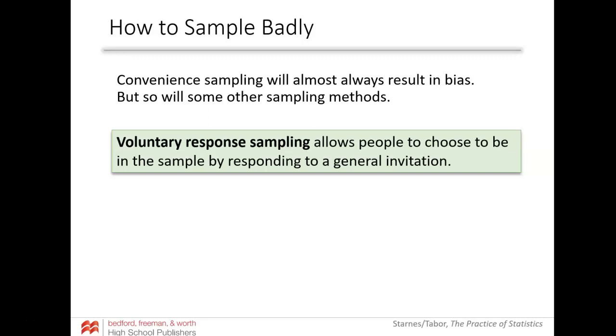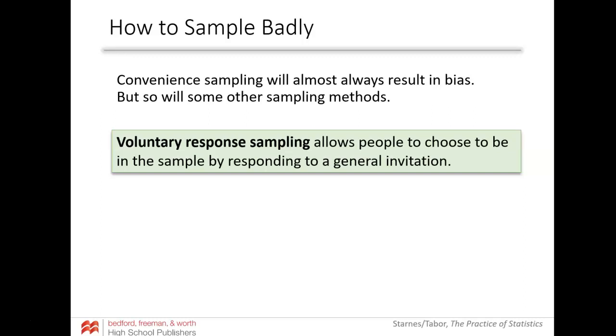I just did a refi on my mortgage, and they sent an email with a "tell us how we did" kind of thing. And they tried to incentivize it by saying, we'll put you in a drawing for $1,000. Well, I really enjoyed my experience with that company, so I essentially volunteered to respond to that survey.